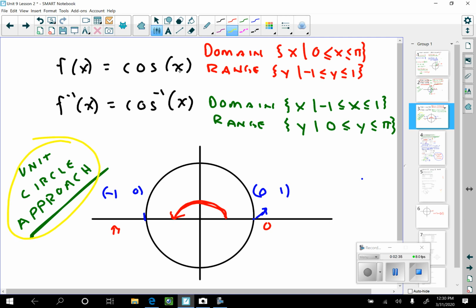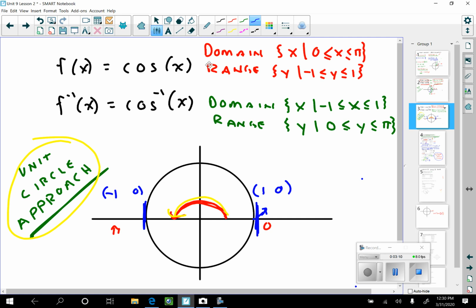So what I did is I restricted cosine to angles between 0 and pi. The x values on the unit circle are going to be the outputs of cosine. That tells me the range of cosine is between -1 and 1.